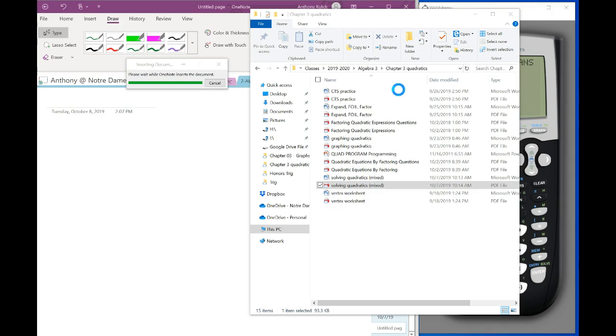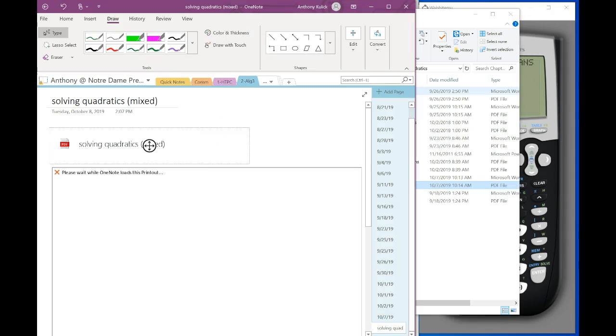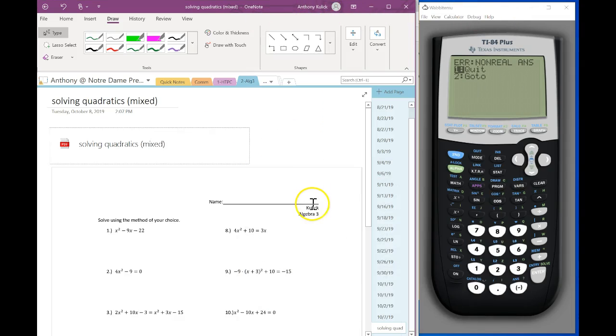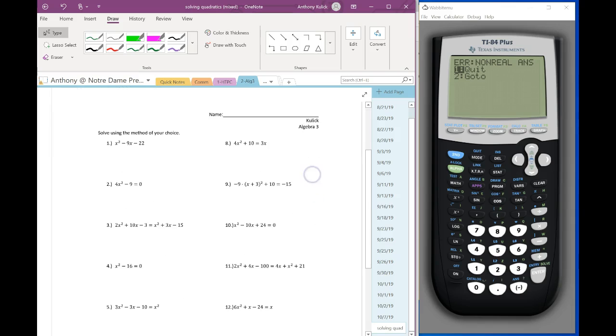So we had 4x squared minus 3x plus 10 equal to 0.